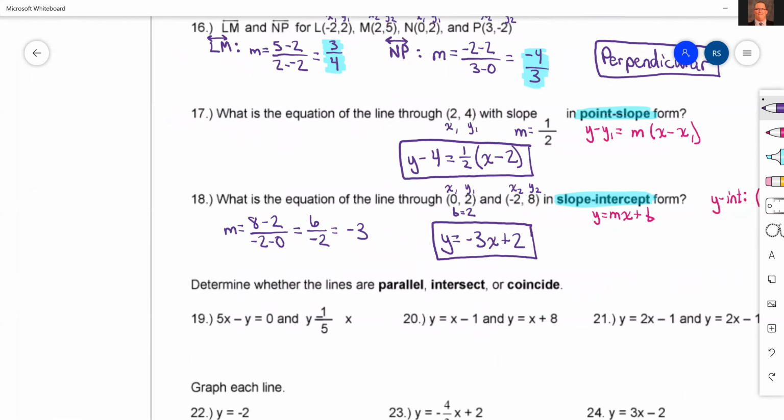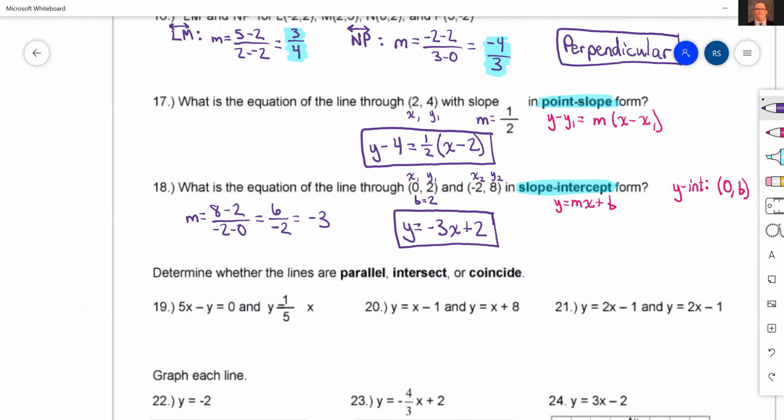Okay, the next three, we have to say whether the lines are parallel, if they intersect, or if they coincide. So for number 19, remember for these, we need them in slope-intercept form, so we need to solve for y. So let's subtract 5x. We're going to get negative y equals negative 5x.